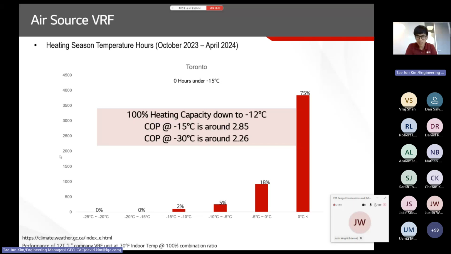So if you design the system based on the cooling demand, you're already oversizing for the heating capacity. And even with the derating that you're seeing with the low ambient condition, you can satisfy 100% heating demand with the VRF. So having said that, I can surely tell you that the VRF can be used to overcome the derating in the Toronto, Ontario region.